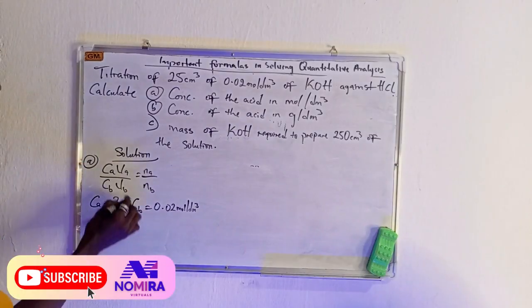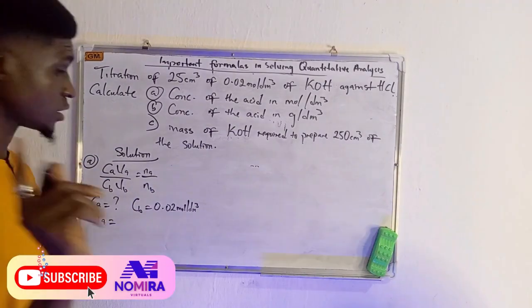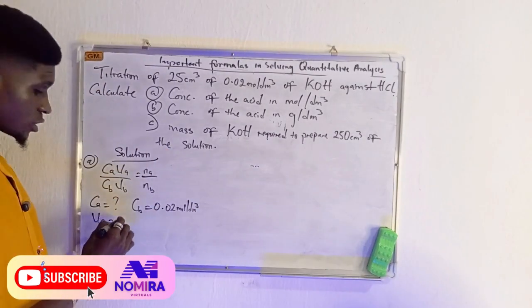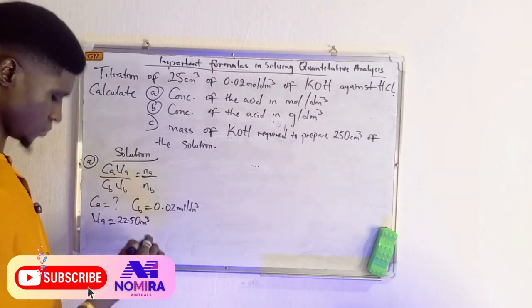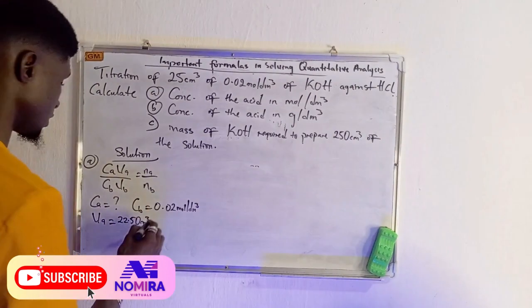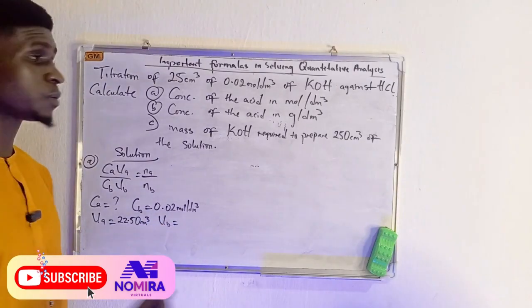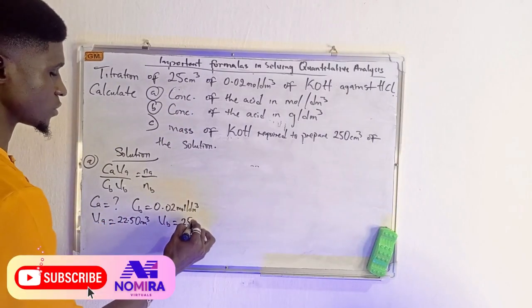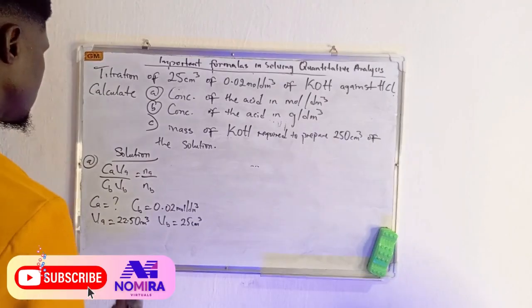Va is what we obtained from the titration table, the end point, 22.50 cm cube. Then Vb is the volume of our pipette, which is indicated as 25 cm cube.